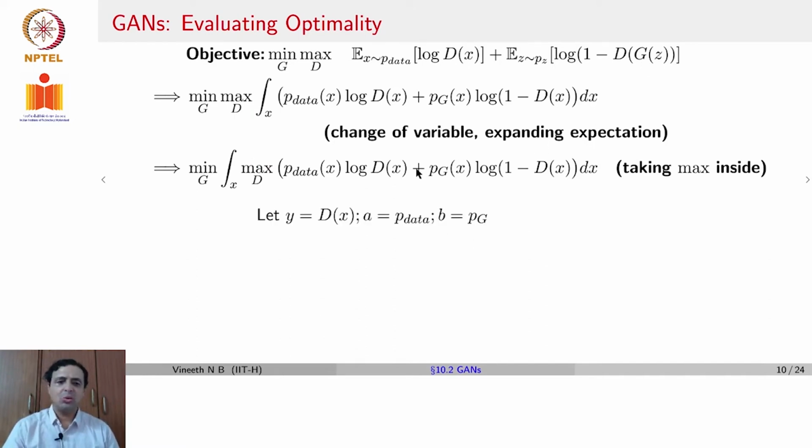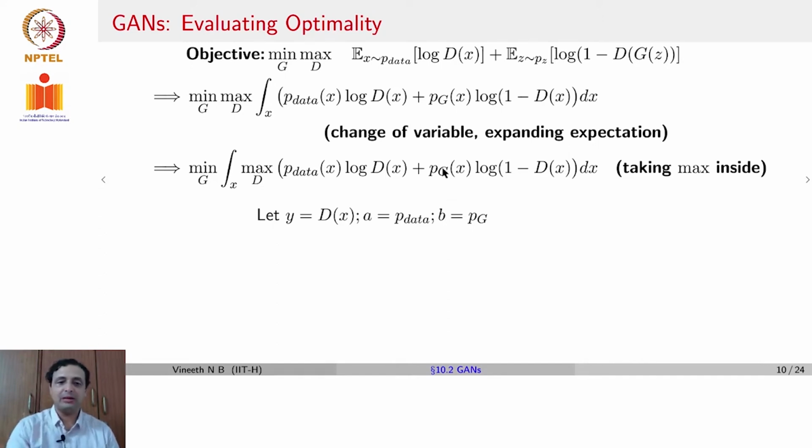Now to understand what the max of such a function would be, let's try to write it out using some variables. In general, let's say y is equal to D of x, a is equal to p data, and b is equal to p g.